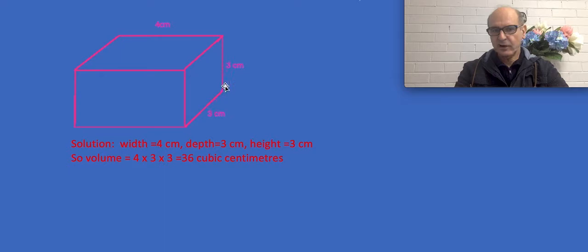And because the height is 3, I'm going to have 3 rows. So 12 times 3 is 36, so 36 cubic centimeters. Or just simply times all the numbers together: width times depth times height, 36 cubic centimeters.